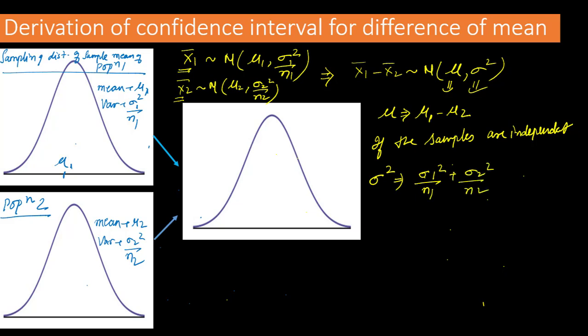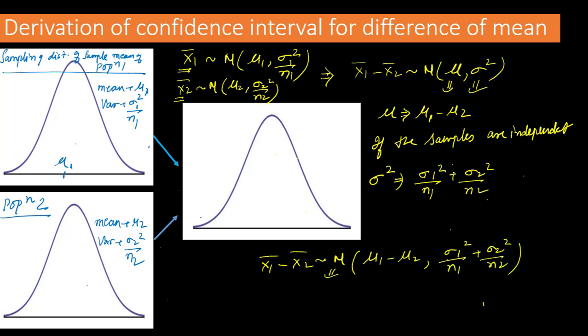So now we get the sampling distribution curve of x1 bar minus x2 bar. It would be distributed with mean mu1 minus mu2 and variance sigma 1 square divided by n1 plus sigma 2 square divided by n2.